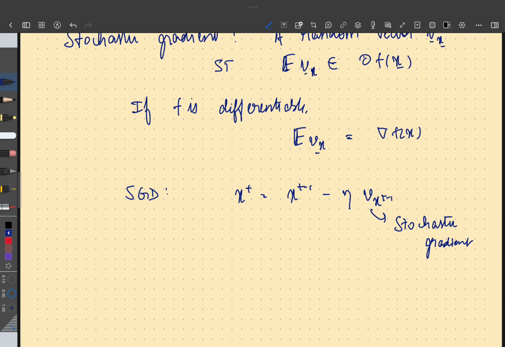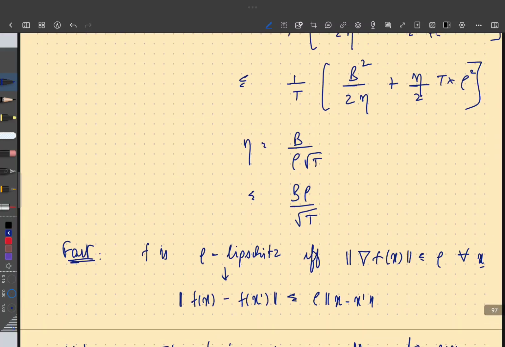So now it's a randomized algorithm. You can't really guarantee that with probability 1 these bounds hold true.